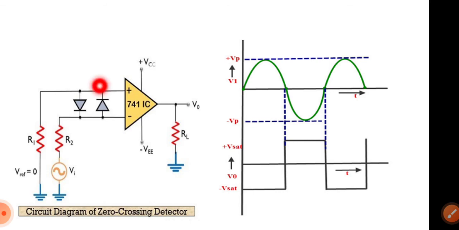If you give positive feedback here, it takes very little time to change the saturations. It crosses the 0 very easily. With positive feedback, the output changes very fast and eliminates any false output transition due to the noise signals at the input.